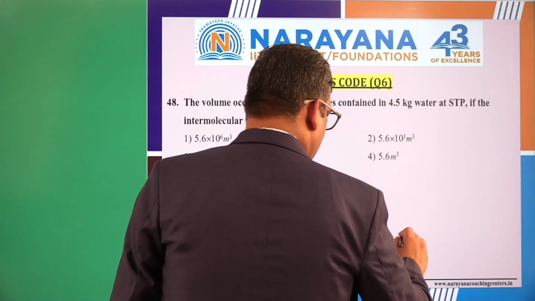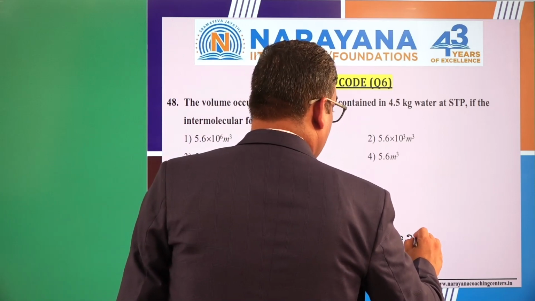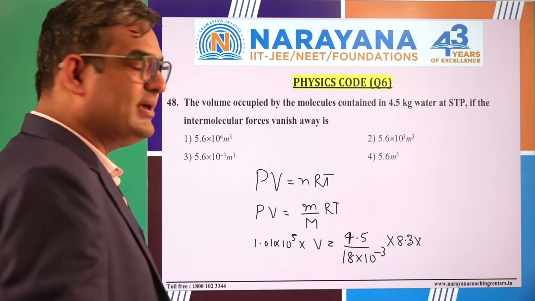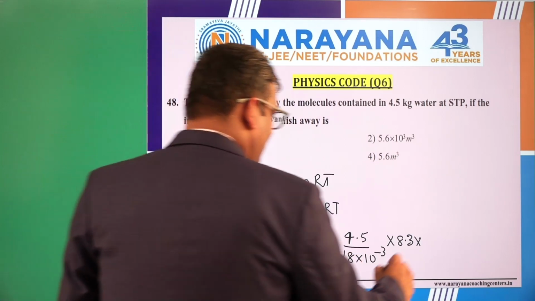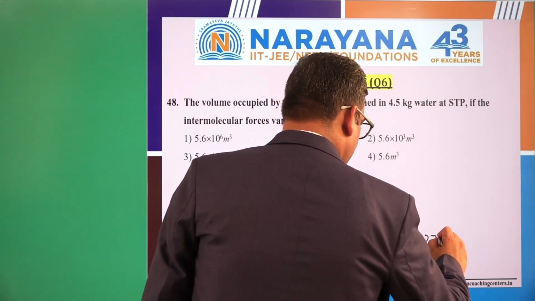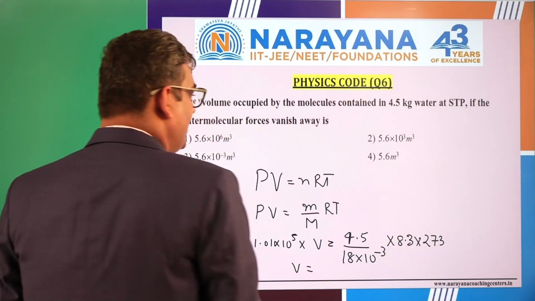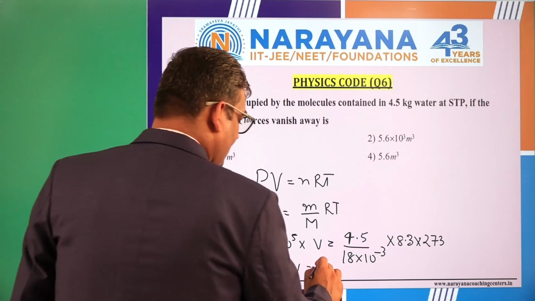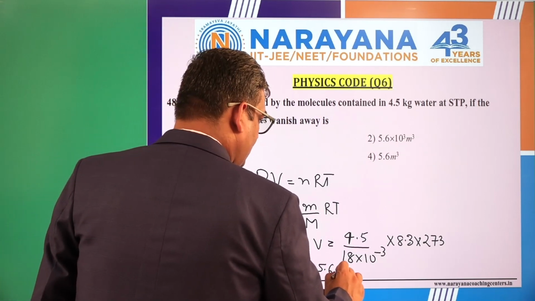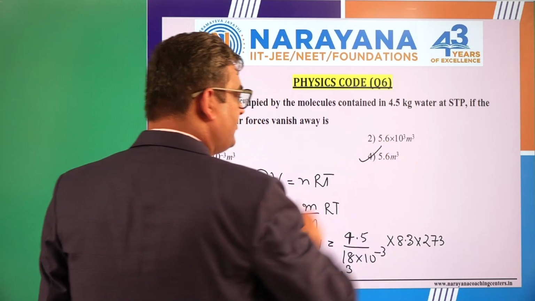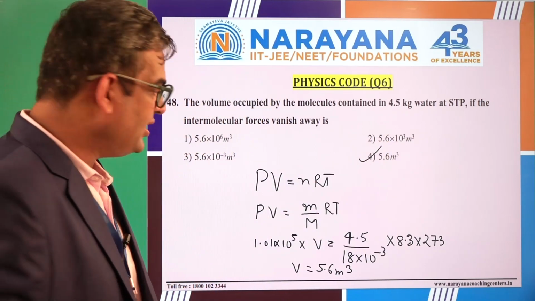Gas constant value we can put, and temperature, because we are talking about STP, we can add standard temperature 273 Kelvin. And if we calculate from here, then the value of V can be found as 5.6 meter cube, which means our fourth option should be the correct answer in this particular case.